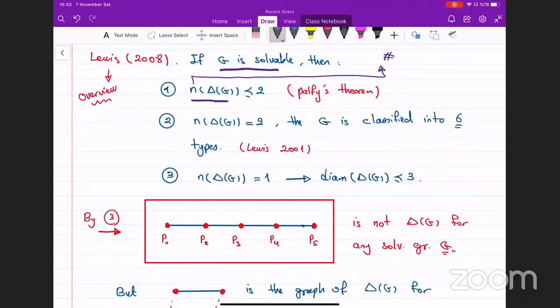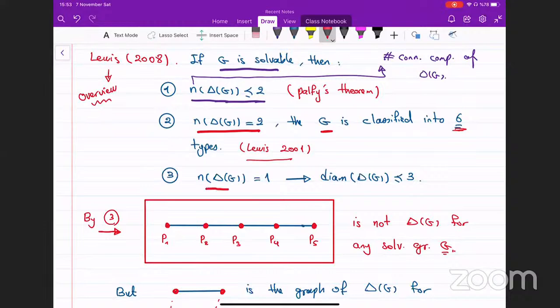This is the number of connected components of delta G. It is at most 2, which means whether it is connected or disconnected, for a solvable group G we have at most 2 connected components. And for the case that we have exactly 2 connected components, meaning delta G is disconnected for a solvable group, then this group is classified into 6 types. If you check the paper of Lewis in 2001, you can see this classification.